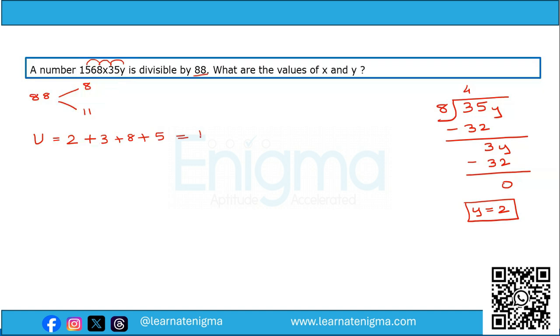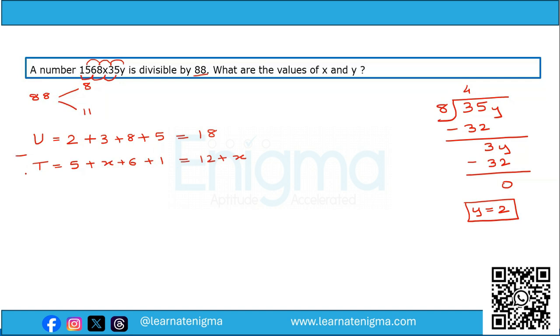That is 18. And starting with the tens digit, that is 5, we again add the alternate digits: 5 plus x plus 6 plus 1. This addition comes out to be 12 plus x.